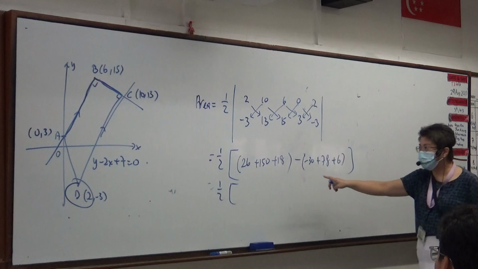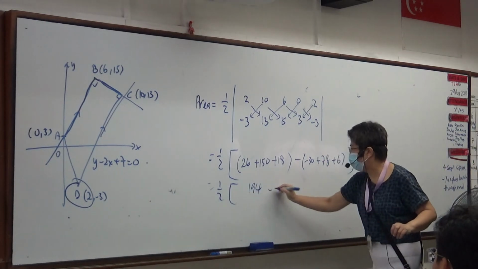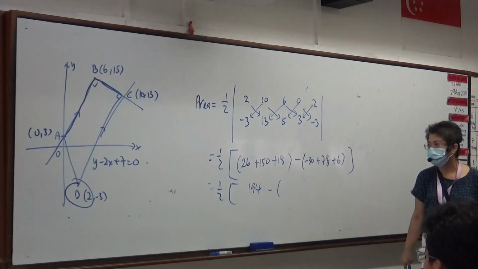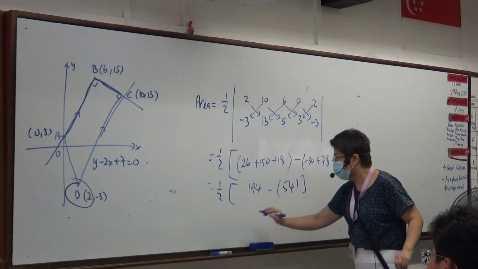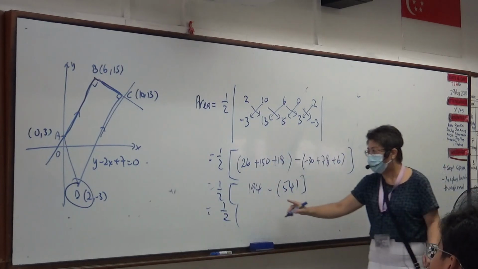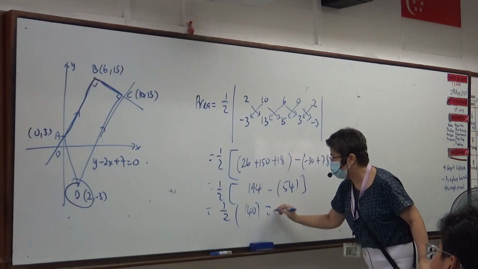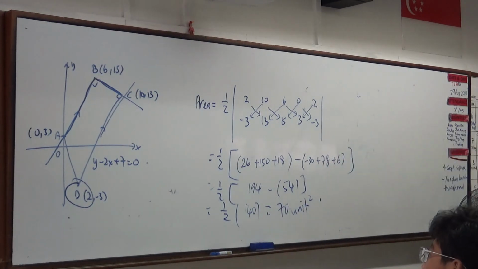I want this one. What? 194 minus. What is inside this bracket? 54. Okay. Half times what? What's this? 1401. So this will be a 70 unit square.